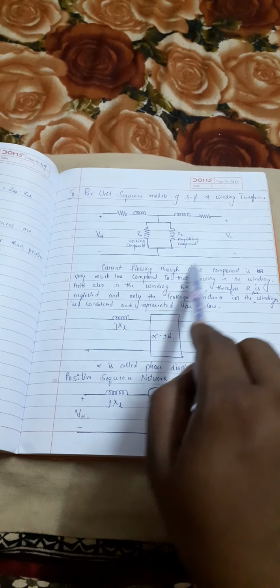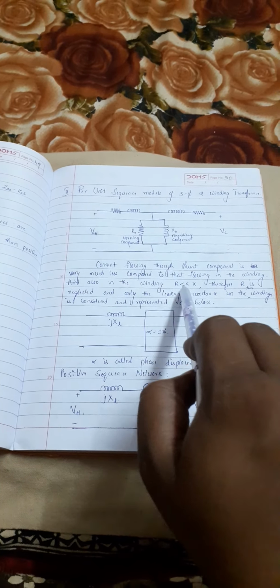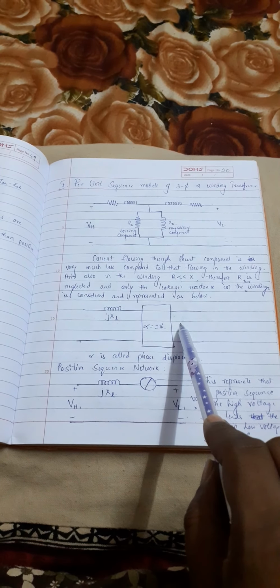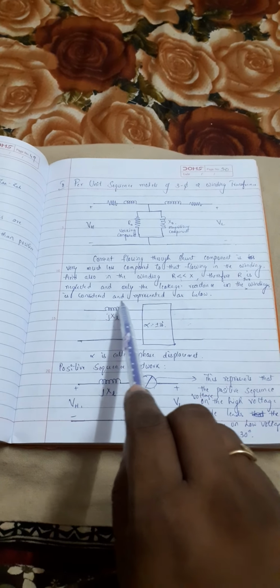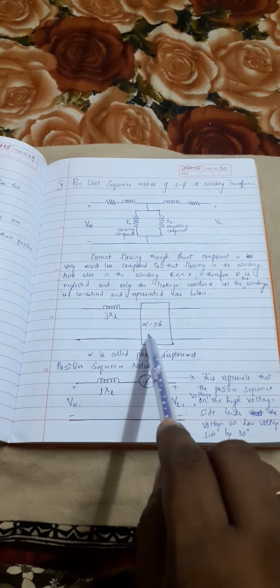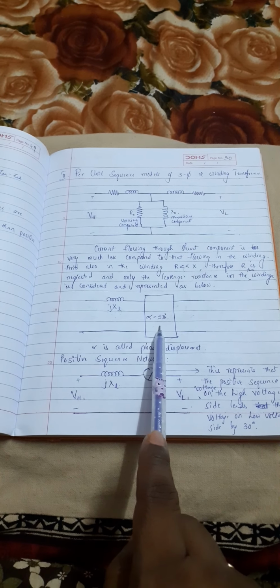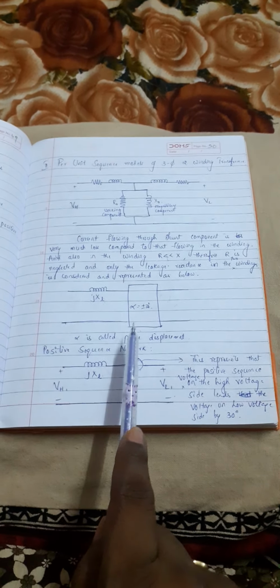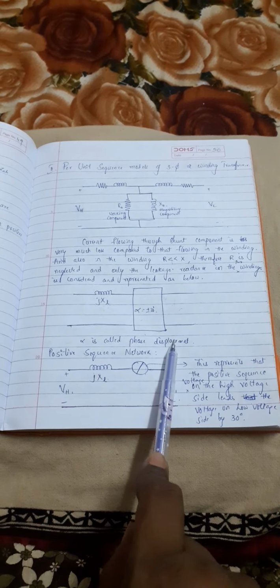By not considering the shunt component and the resistance, I am going to represent the three-phase two-winding transformer as jXL, the leakage reactance, and this alpha, which is nothing but the phase displacement, alpha equal to plus or minus 30 degrees. Based on this, we are going to develop the positive sequence, negative sequence, and zero sequence networks.